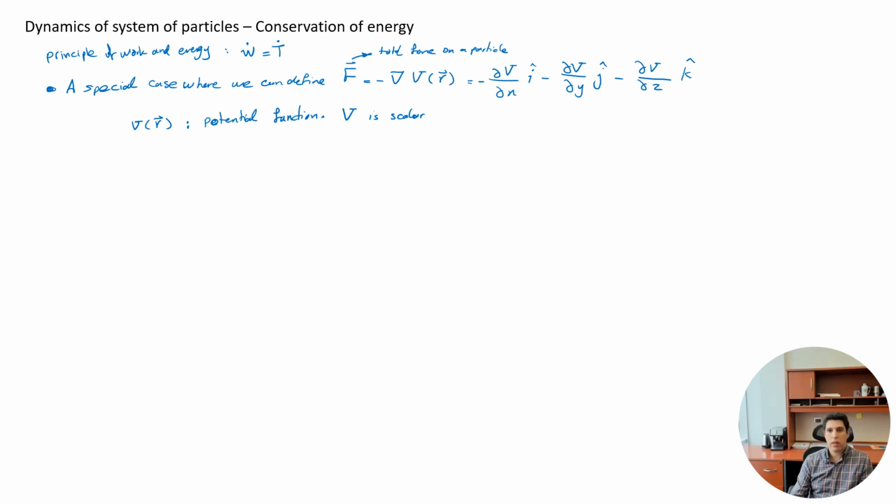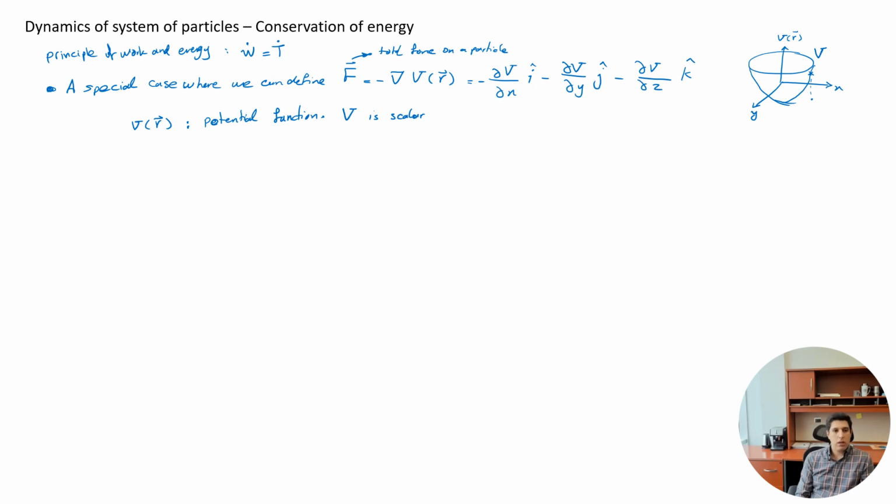For instance, you can think of an XY plane, kind of like a ball. This could be your v. Oh no, this is in XY, in 2D, and that would be your v of r. So for any point, you have a certain value for that v function. In 3D you cannot visualize it like that, but that's easy to visualize in 2D.